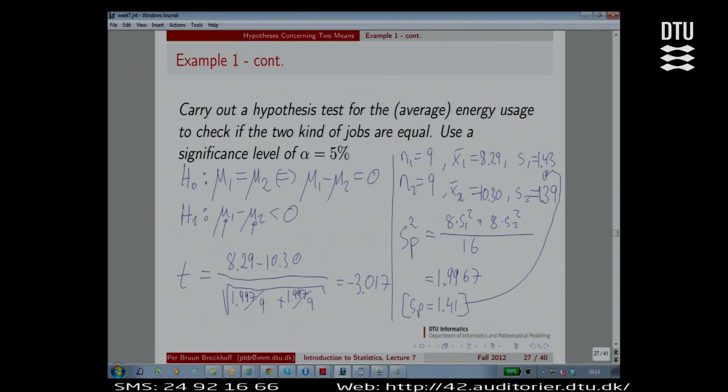Let's be exact. We are looking at a one-sided alternative to the left. If you remember from my slide, we use 5%, the most commonly used, so we should find the 5% critical value of the t-distribution.